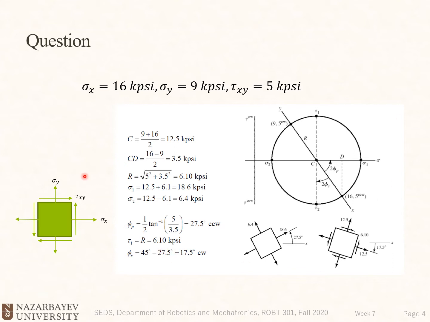Okay, so this is for one stress element. This is when we know how much the stress is on one stress element. And again, I remind you that one stress element, or one of these cubes, represents 1 point of a part.